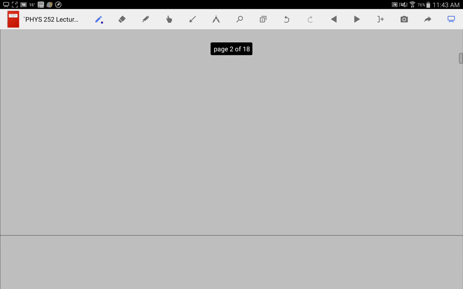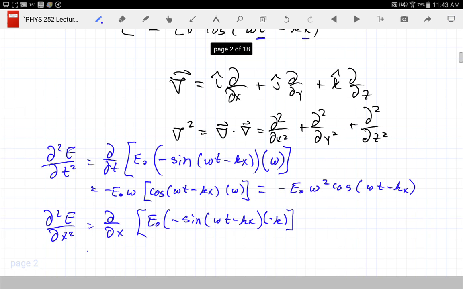Sorry, I moved it up so I don't have to write on the bottom, but then my hand makes it shift page. So it's plus k E0, plus k squared.